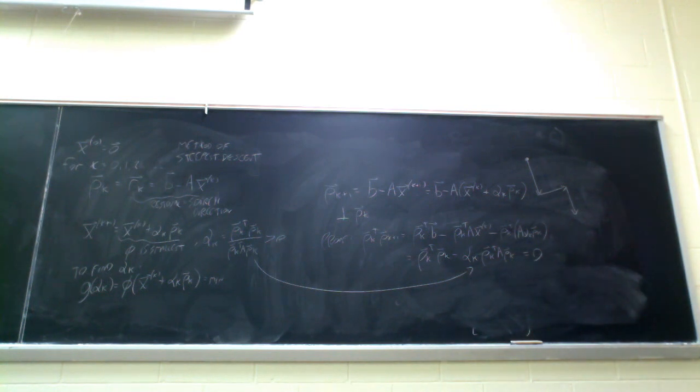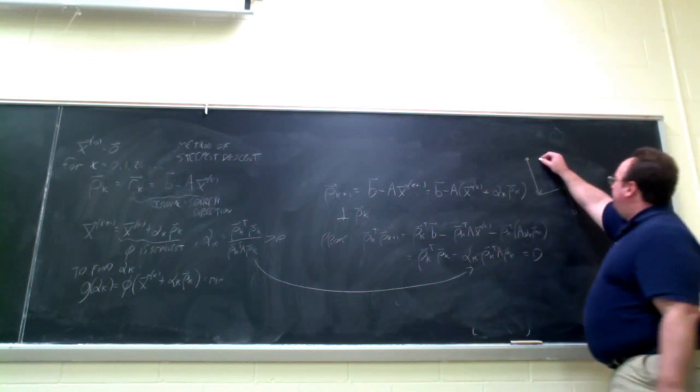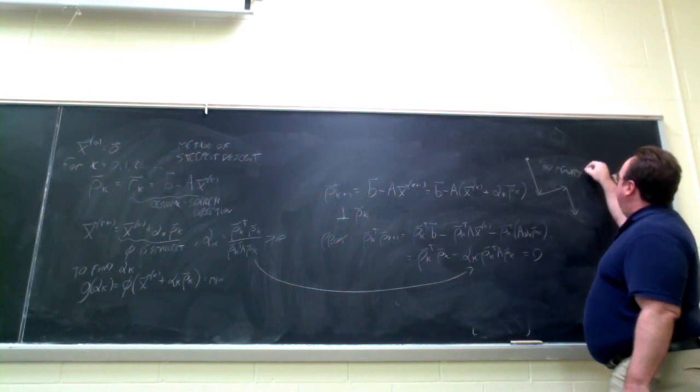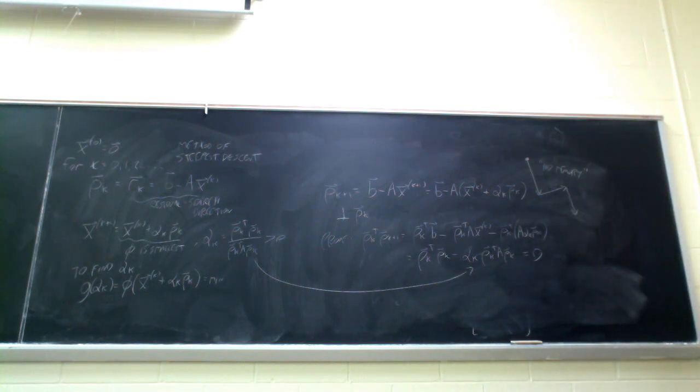So for an n by n system, you don't want to have that happen. You'd like to have n distinct orthogonal directions. In other words, we could say that steepest descent has no memory. That orthogonality only goes back one step, and the progress is going to be very slow.